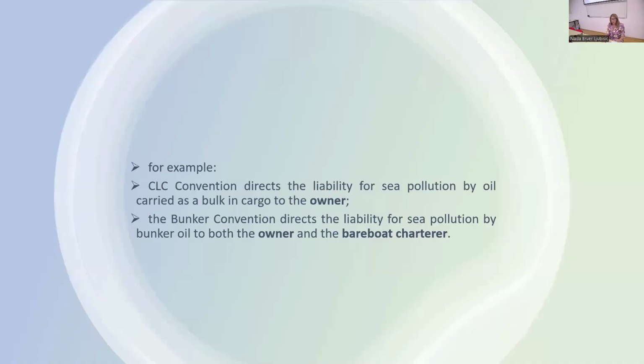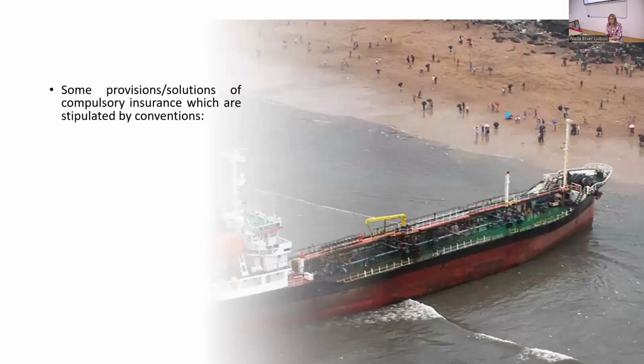The example of the owner's liability we can find, first of all, in the CLC and the Bunker Convention. The CLC directs the liability for sea pollution by oil to the owner, and the Bunker Convention also directs the liability for sea pollution by bunker oil to the owner and also to the bareboat charterer.